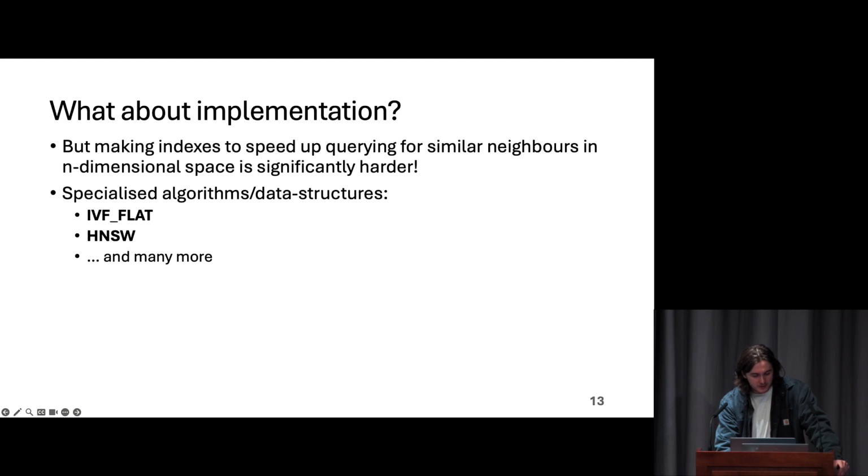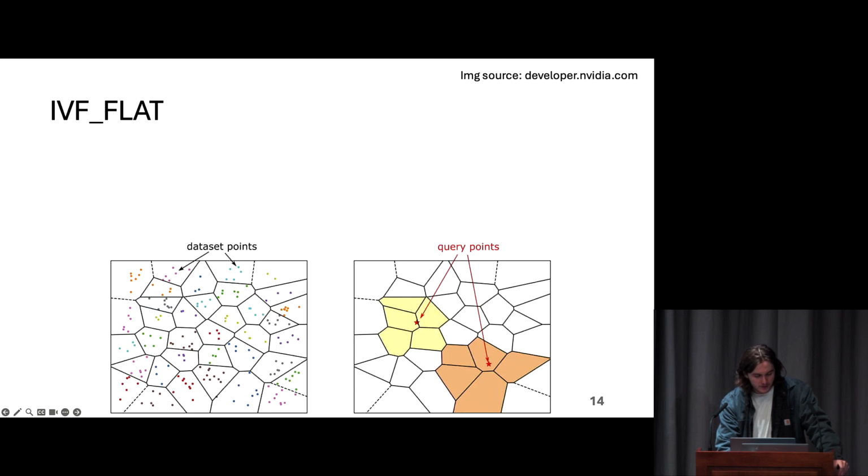The main idea is that we can create multiple layers of flat scans. First, we cluster our entire vector database into clusters based on closeness. You can choose any clustering algorithm here; it doesn't really matter. You decide up front how many clusters you want, and you cluster everything.